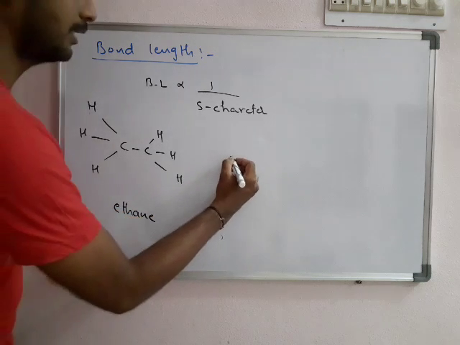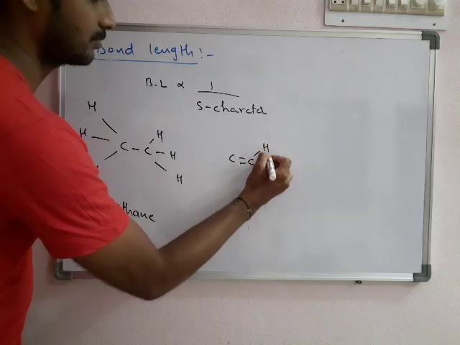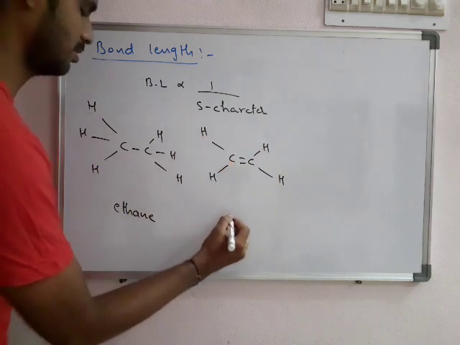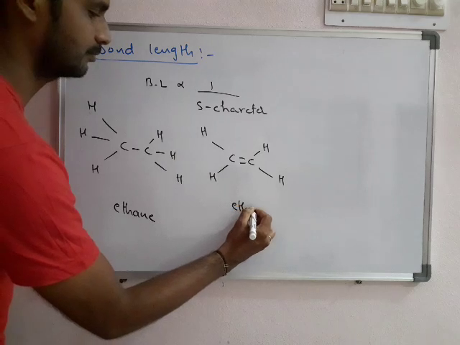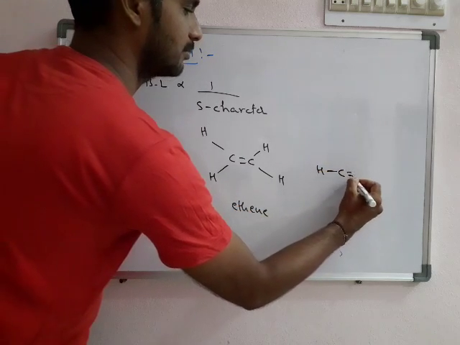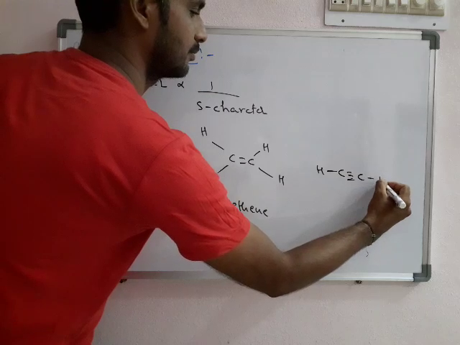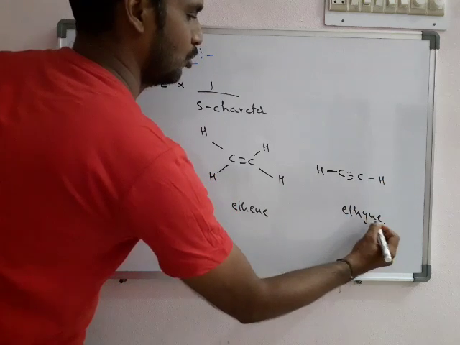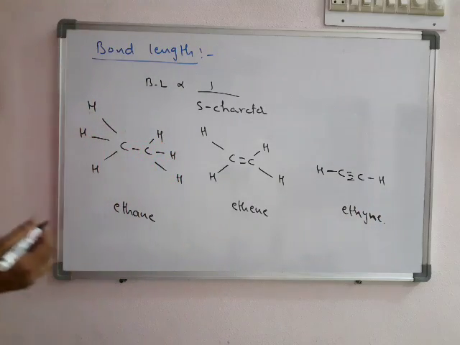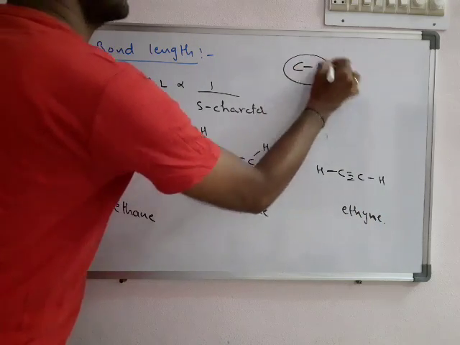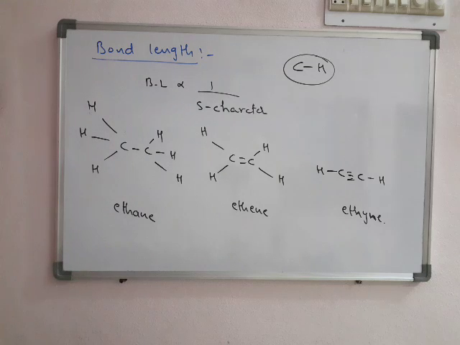Ethane. Then ethene, then ethyne. All are having C, but now I am discussing the C bond H length.